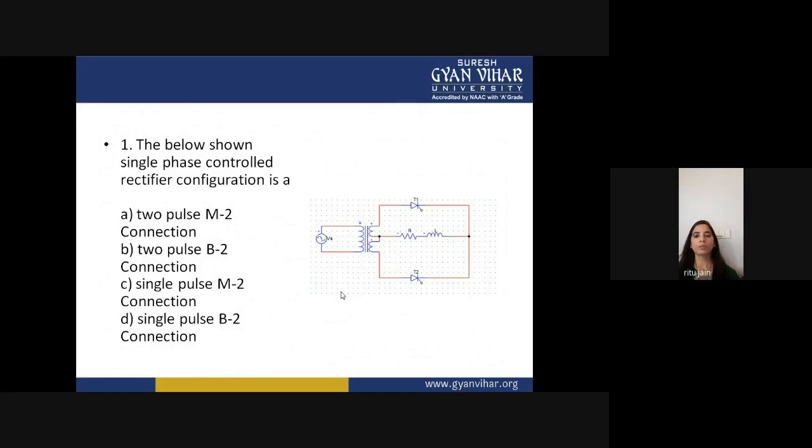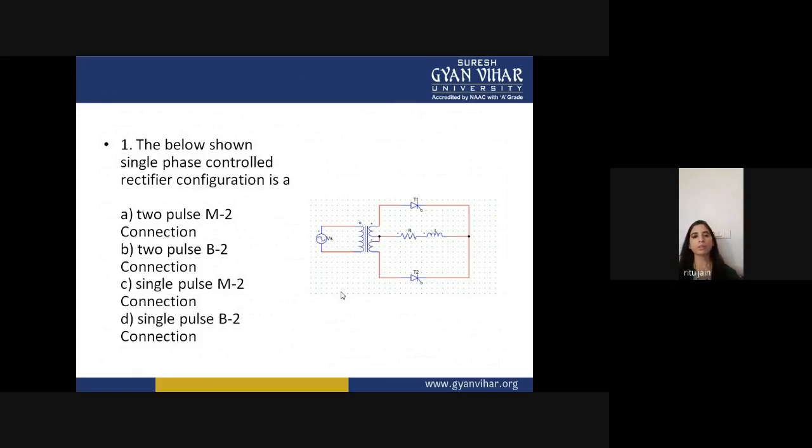If you want a full wave uncontrolled converter, then you have to use two diodes. If you want to use a controlled converter, then you have to use some SCRs. If it is half wave, then you have to use one SCR. If it is full wave, then you have to use 2 or 4 SCRs, which will depend upon the configuration of your converter. Okay.